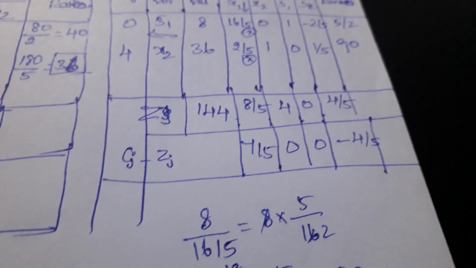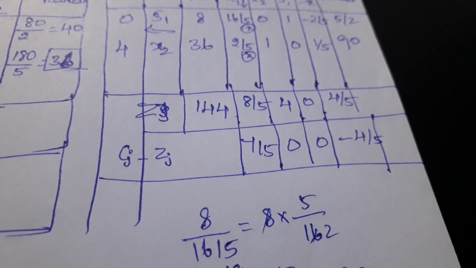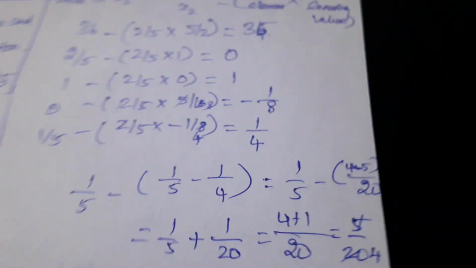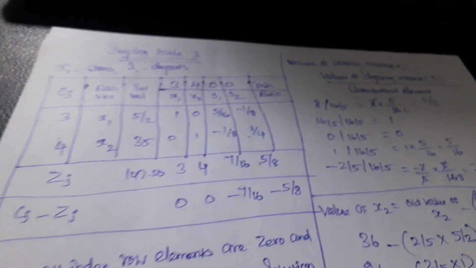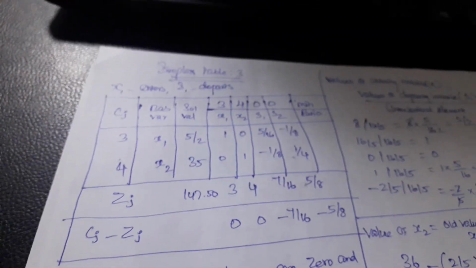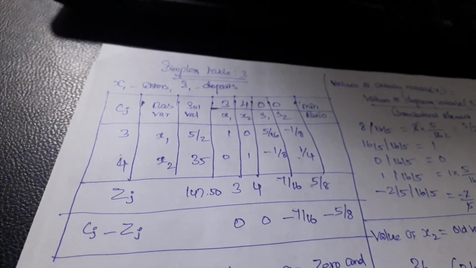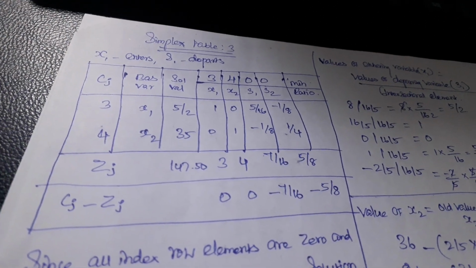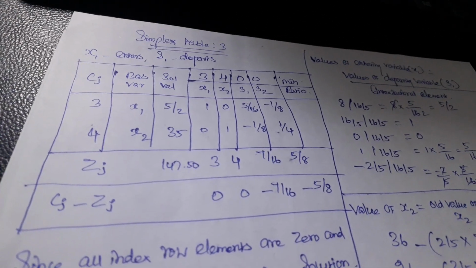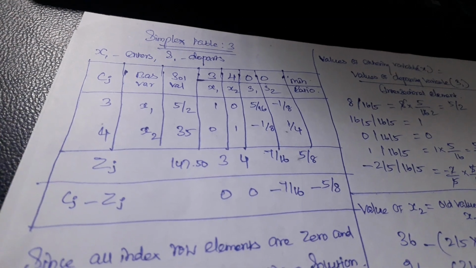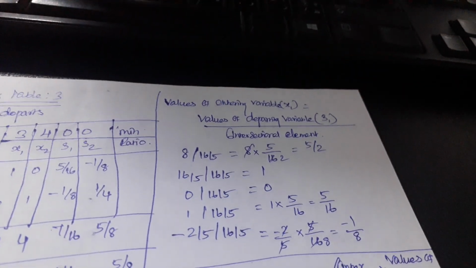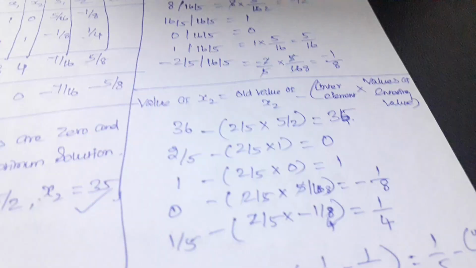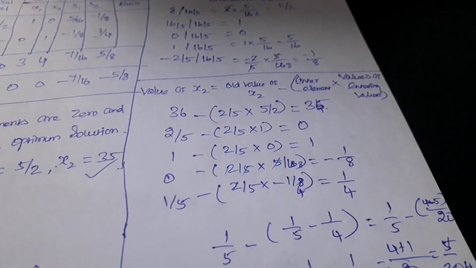Here is one positive value, 7 by 5, so we have to prepare another simplex table, the third table of the simplex. Here x1 enters and S1 departs, as per the previous table. The formulas are the same as we followed for the second table.